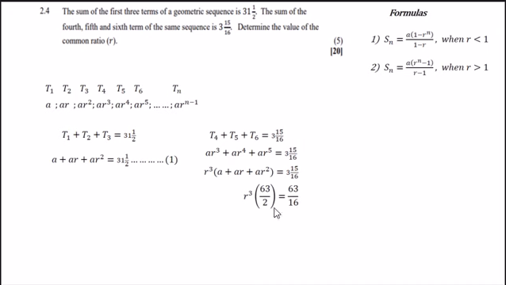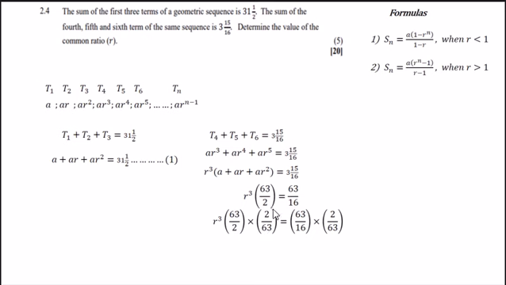Do you get it? Since we want to be left with r cubed on the left, we want to eliminate this. How do we eliminate this? By multiplying both sides by the inverse of this. What is the inverse? We just swap the denominator and the numerator. Remember, whatever you do on the left, you also do on the right. We multiplied both sides by the inverse because we want to eliminate this.